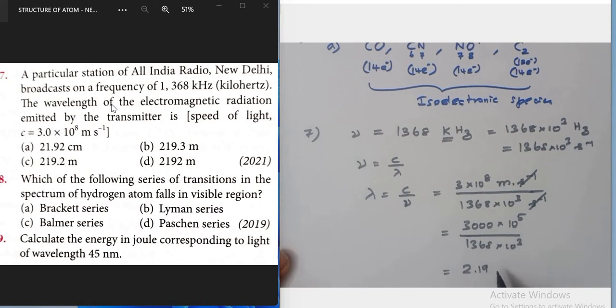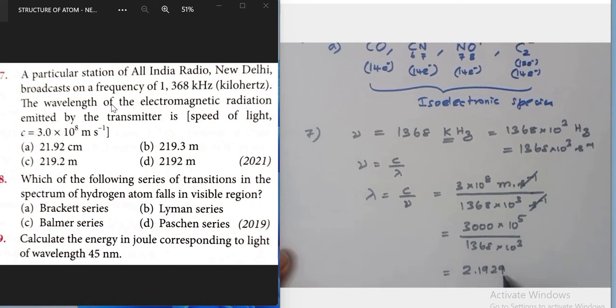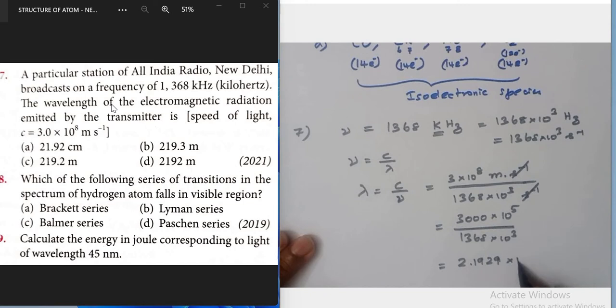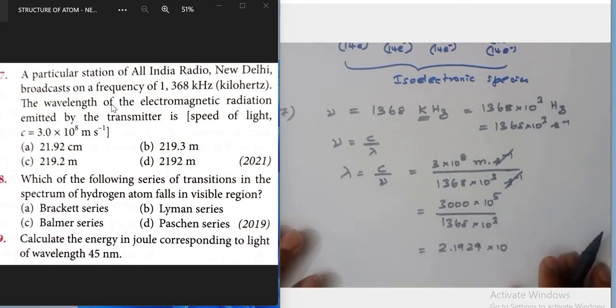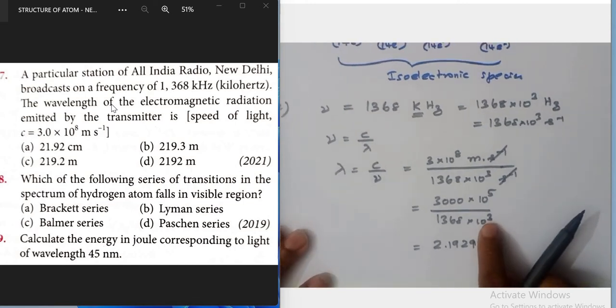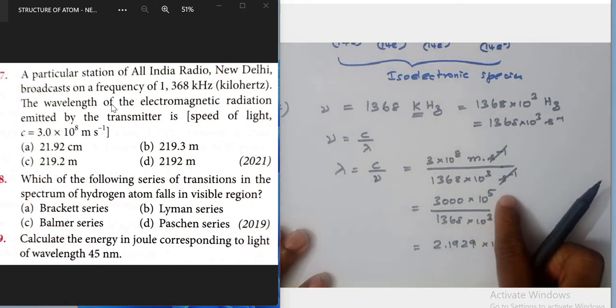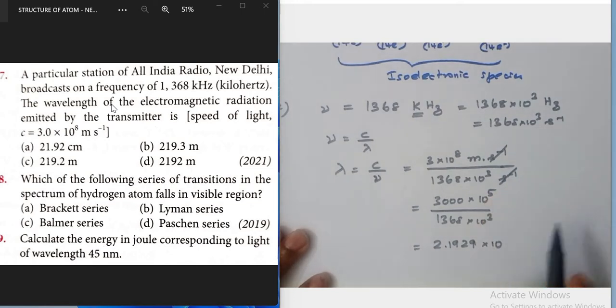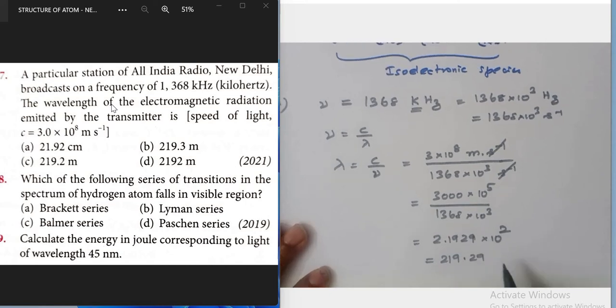The answer comes out as 2.1929 into 10 to the power, here we have 5 in the numerator and 10 power 3 in the denominator. If 10 power 3 goes to the numerator, it becomes 10 power minus 3, so you get 10 power 2. If you multiply by 100, you will get 219.29 meters.